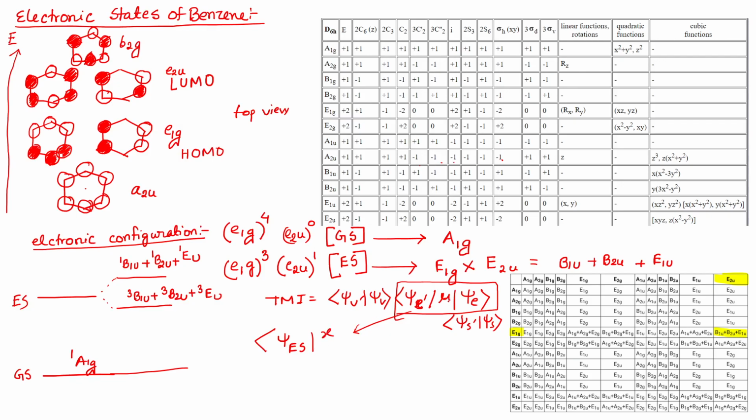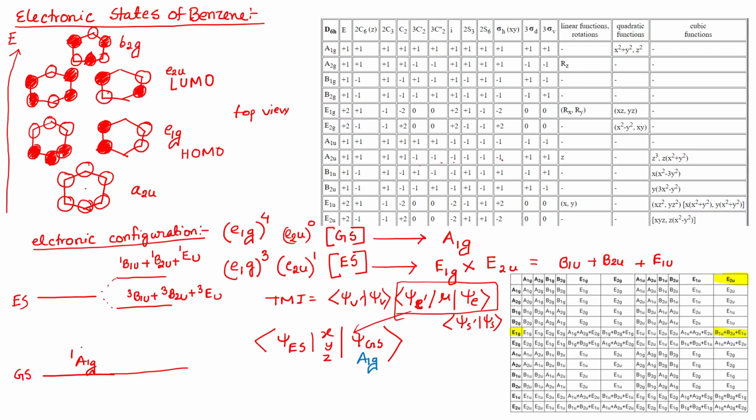Mu could be either mu x, mu y, mu z. So you need to see that, and your mu ground state, which we are already saying, let me write in another color, is A1G. So to be orbitally allowed, your psi E, which is the orbital part of those, must be fully allowed.